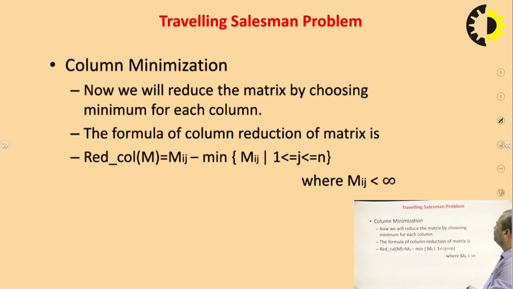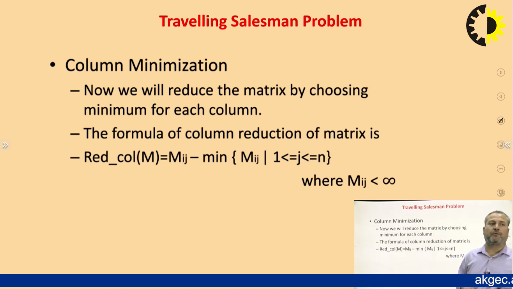Similarly for column minimization, we will find the minimum entry. When we see the minimum, if in a row either all entries are infinite, or at least one zero is there, then there is no need to reduce that particular row.